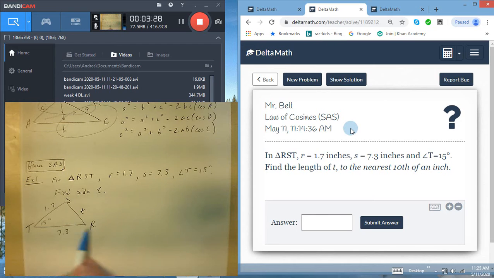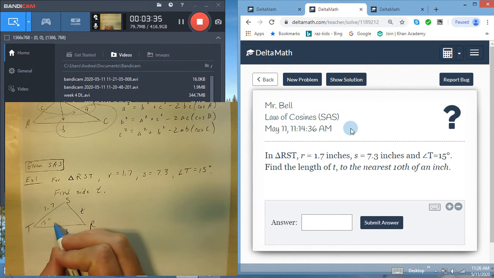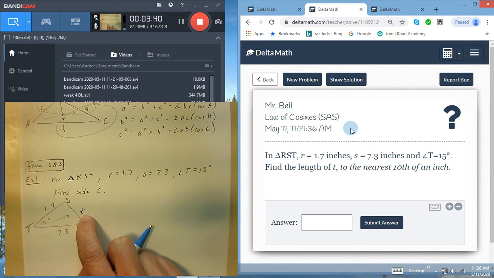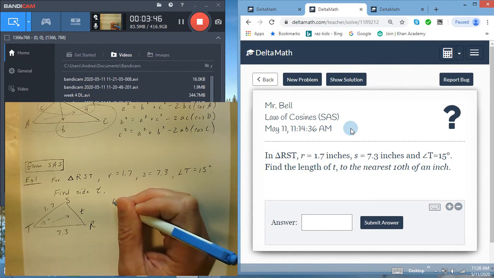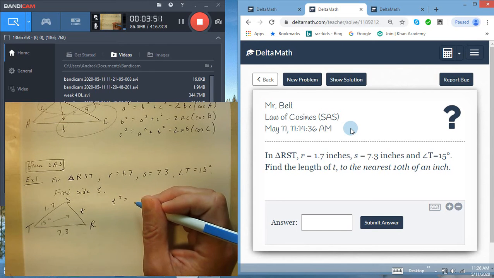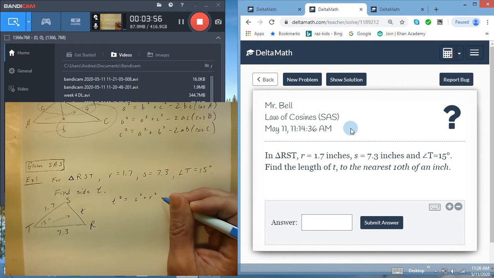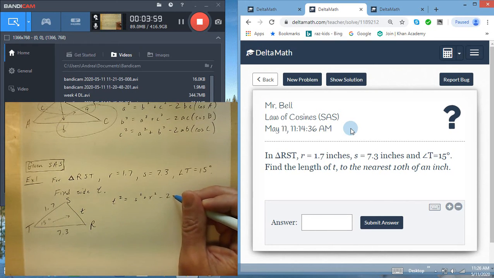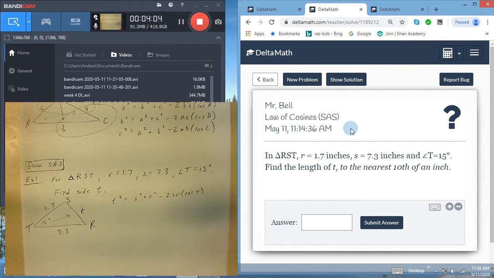If you set it up correctly, we're going to have a side-angle-side relationship. We're asked to find side t. So we start writing the law of cosines in terms of the side opposite the angle given. t squared equals the other two sides, so s squared plus r squared, minus 2 times the product of these two sides times the cosine of angle T. You might be able to jump right into it.